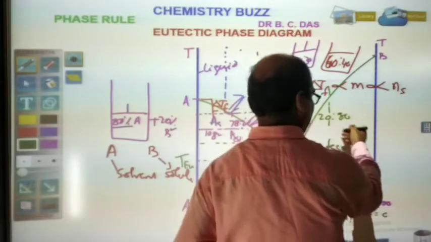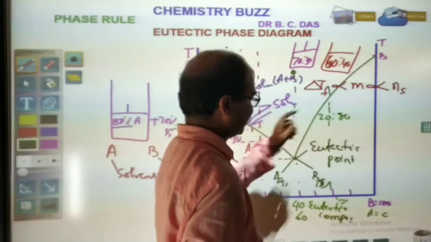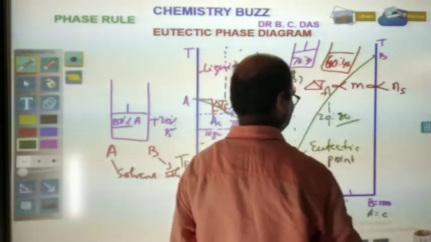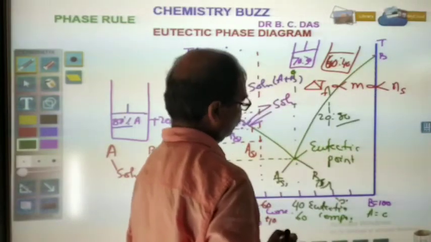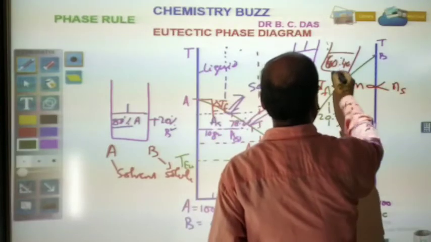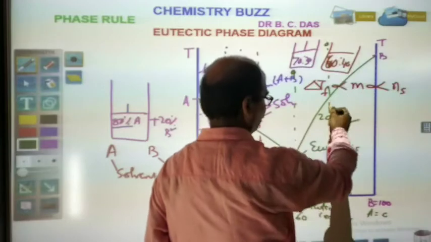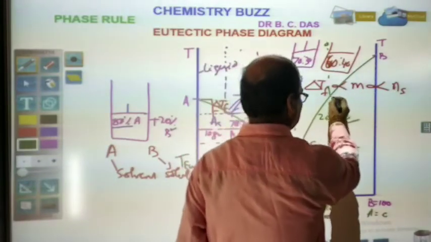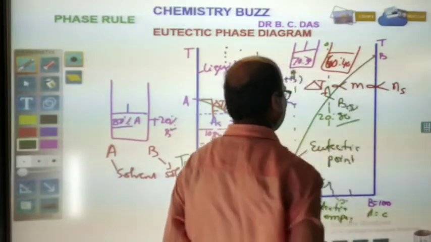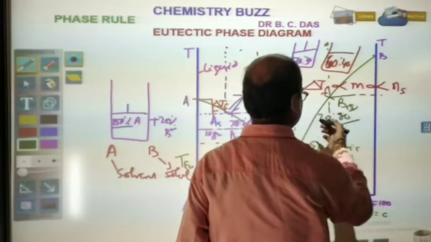So the percentage composition of B is more and A is less. In this case, B acts as the solvent and A acts as the solute. If we cool the melt, then at this point B will start solidifying for the first time, and equilibrium will be maintained corresponding to this temperature.